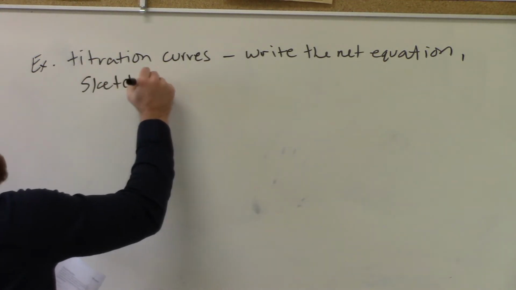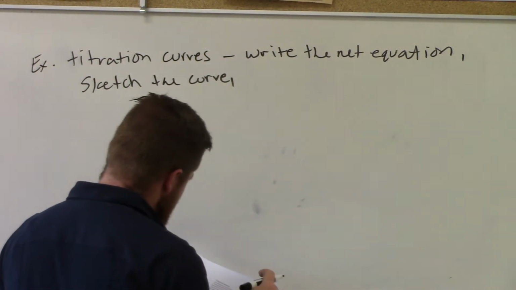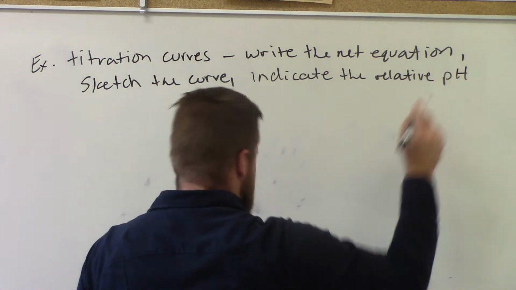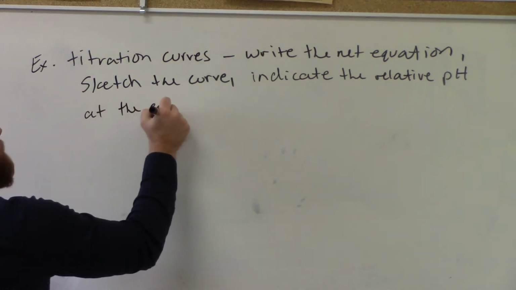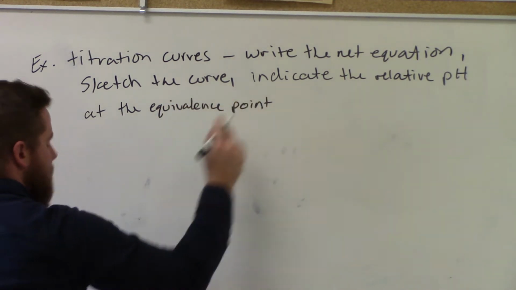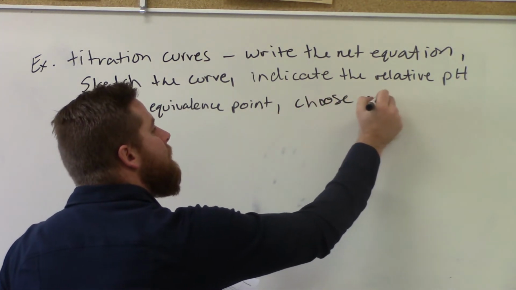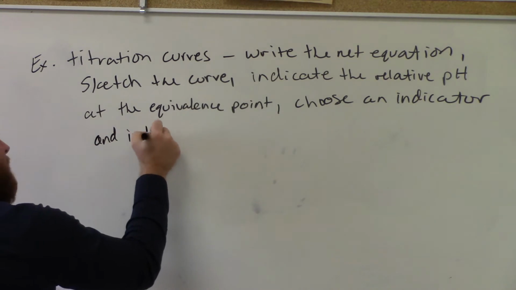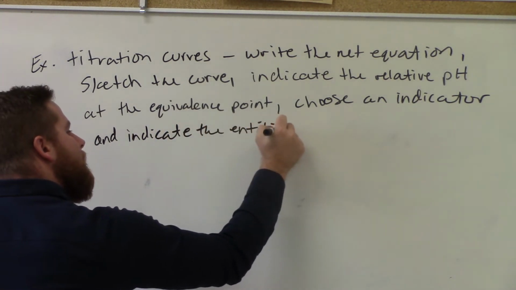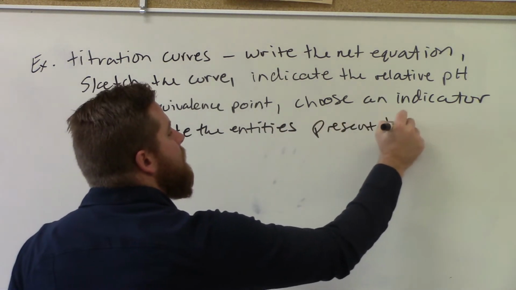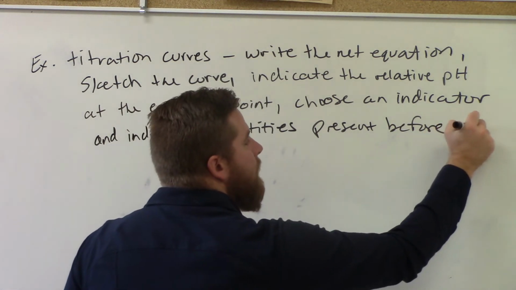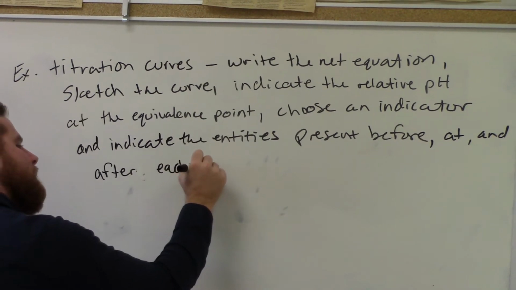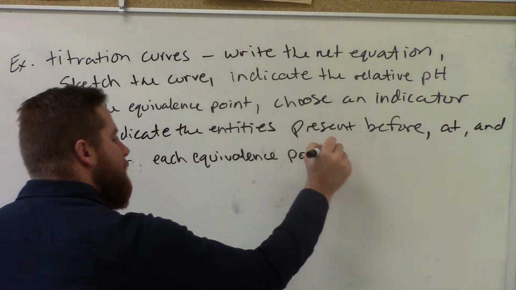Sketch the curve. Indicate the relative pH at the equivalence point, and choose an indicator, and indicate the entities present before, at, and after each equivalence point.